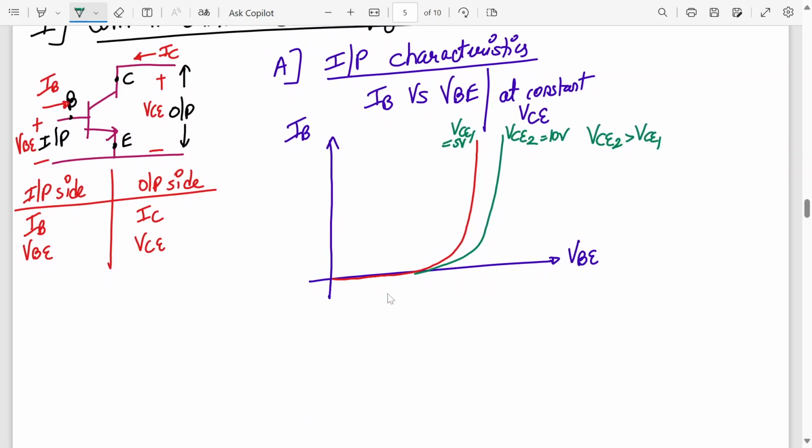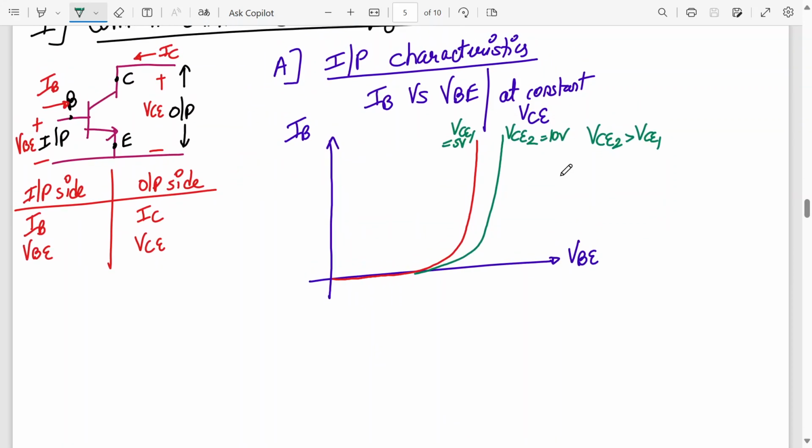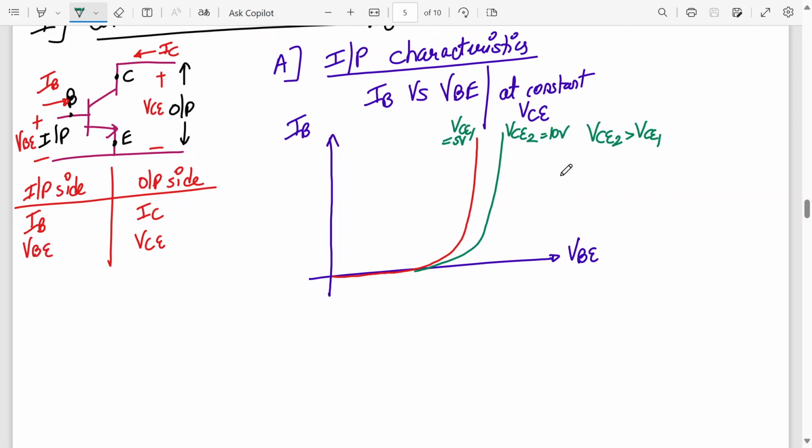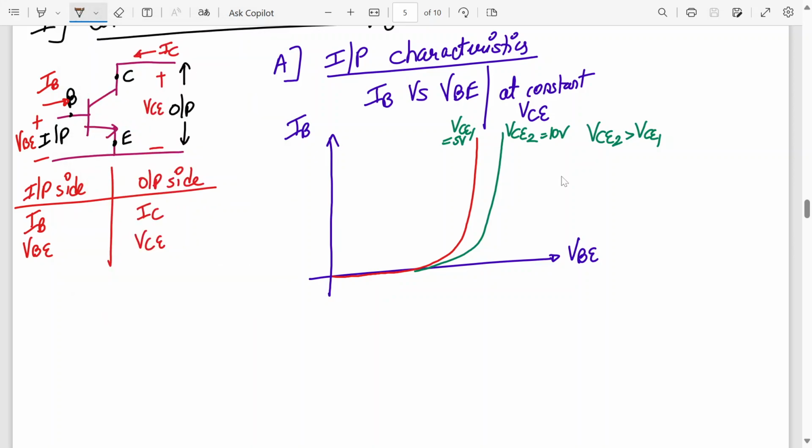Have you drawn the graph? Now from this graph, what information do you get? It's an exponential curve.